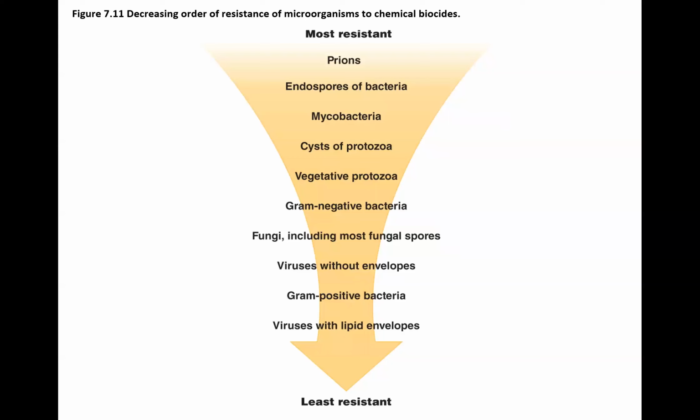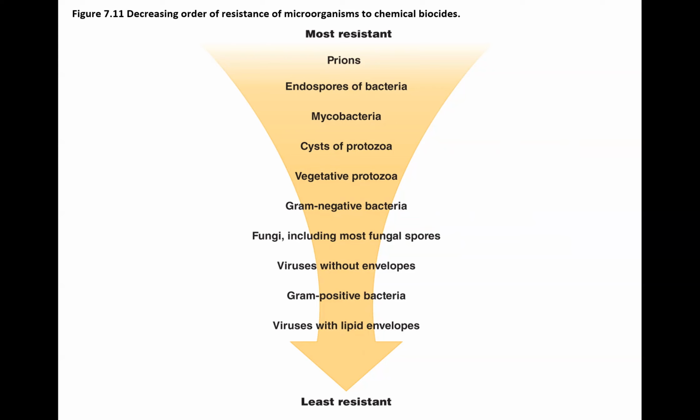All right, this is just a picture to show you an idea of the most resistant versus the least resistant. So the most resistant are going to be the hardier organisms and the ones that are very difficult to kill. As I said before, prions are really difficult to kill even with sterilization techniques. But when we do see sterilization techniques working, this would be useful for endospores of bacteria.